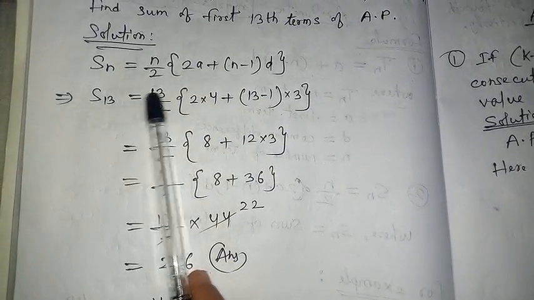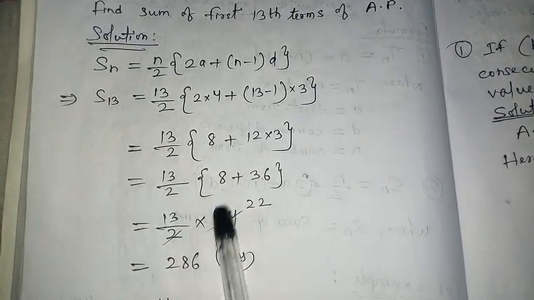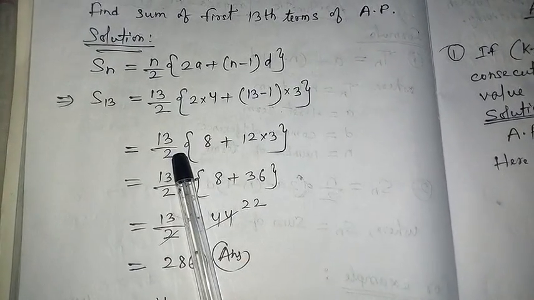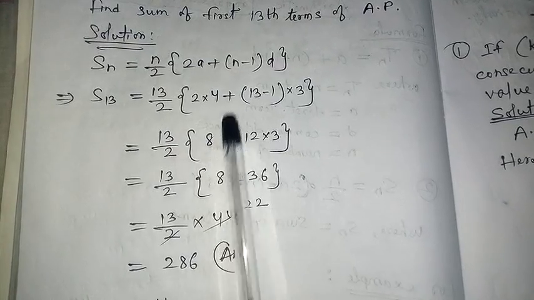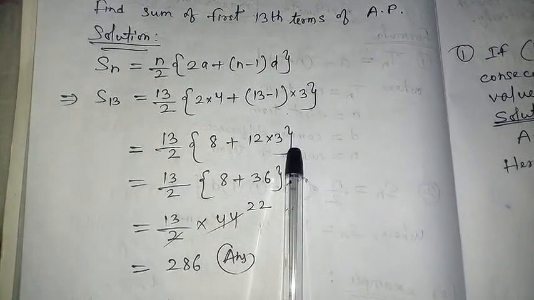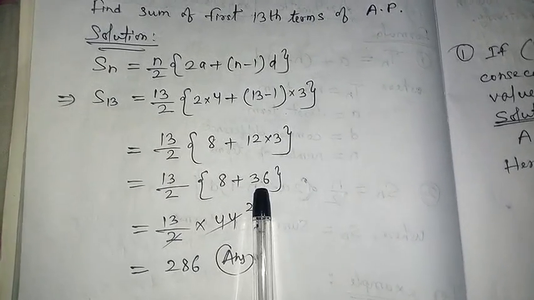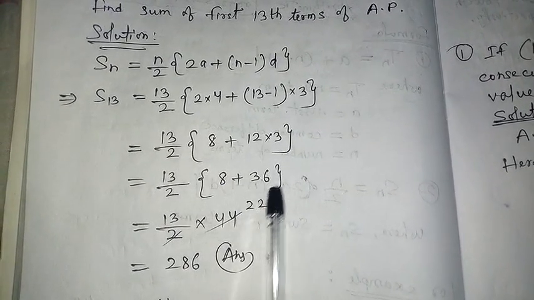Now as we are finding the sum of 13 terms, nothing more to write here, but we will find the answer. 13 by 2 cannot be divided. 2 into 4 is 8, plus 13 minus 1 is 12, 12 into 3 is 36. 8 plus 36 is 44.